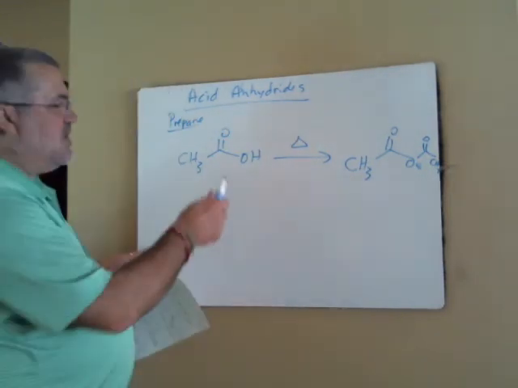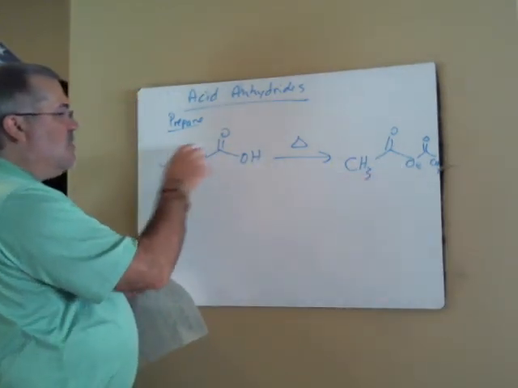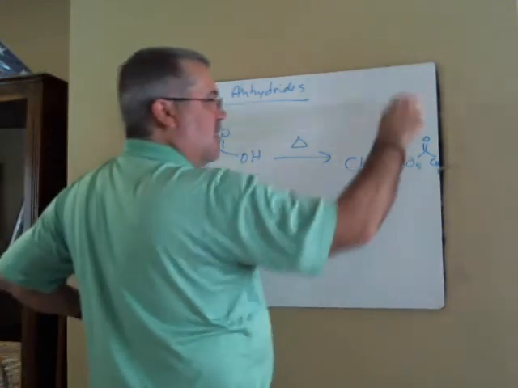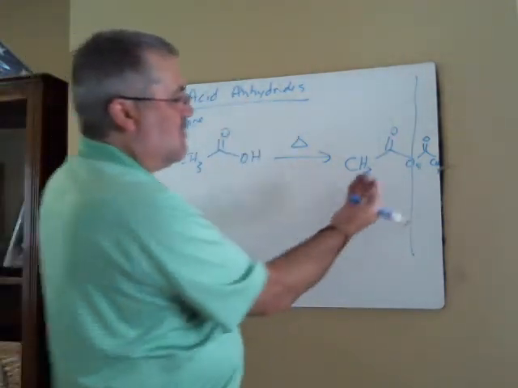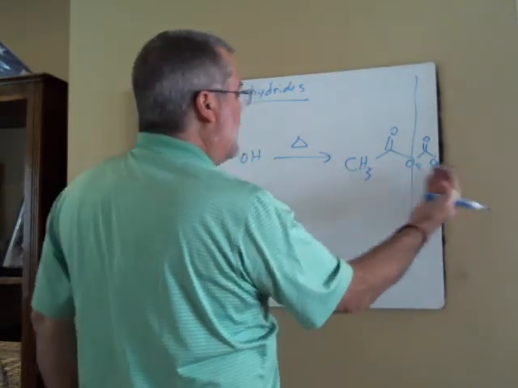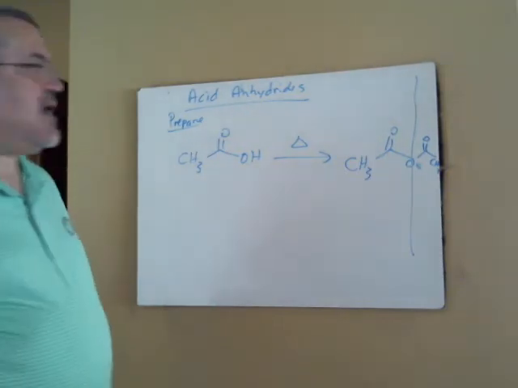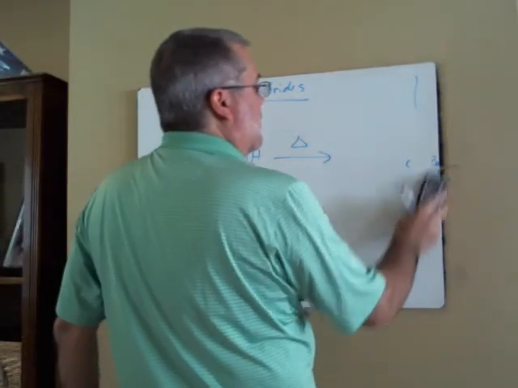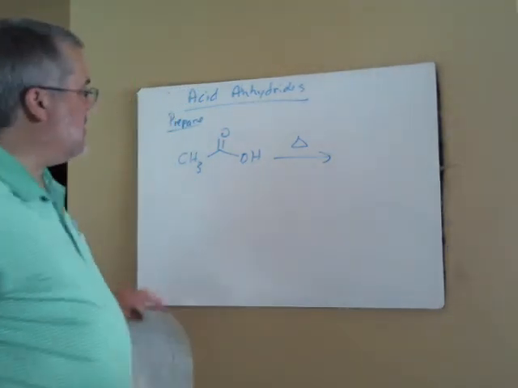But what is the difference? When you're using this method, it's two equivalents of the same acid coming together. So your anhydride's symmetric. You have the same R groups on either side. Okay? What happens if you wanted to make what's called a mixed anhydride? What if I wanted different R groups on the different sides? Could I do this?